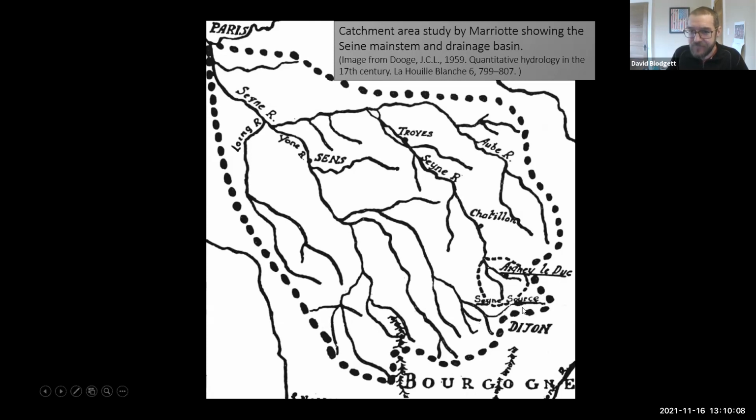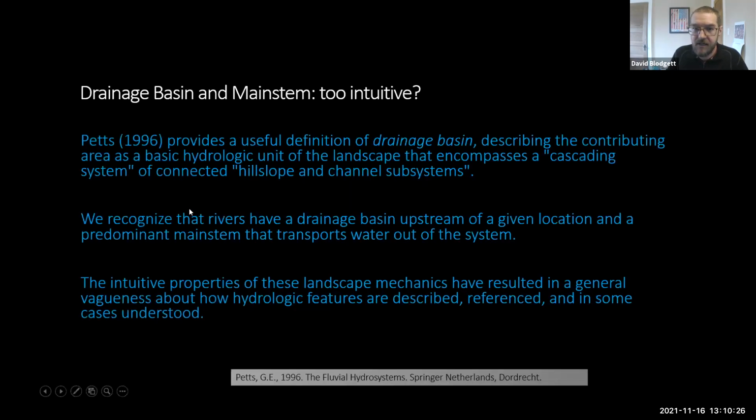So these ideas of a polygon that surrounds a drainage basin that has one main stem that goes to some source area, these ideas are really old.